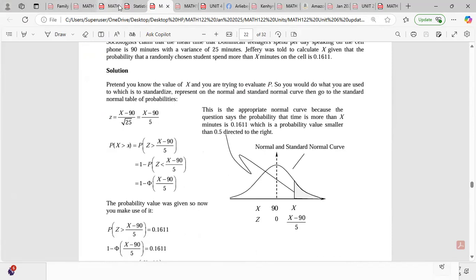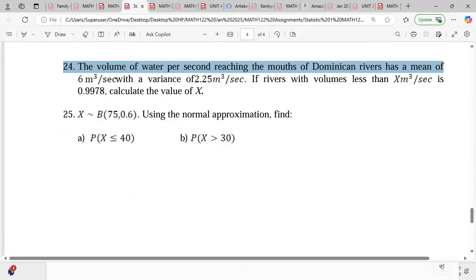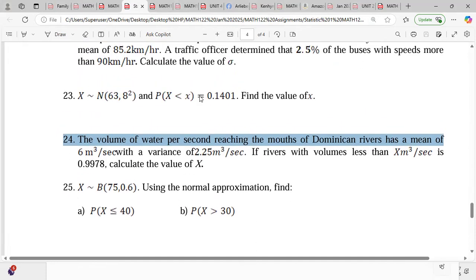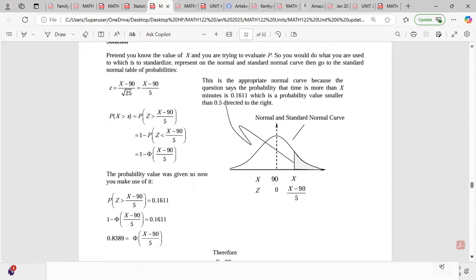No, that is number 23 I'm talking about there. Number 23, we had to put a negative sign to the z, because this is a left tail. So z was supposed to be a negative number. In this example, although it's a tail, it's a right tail, so z is a positive number. So we do not have to attach a negative sign to z.